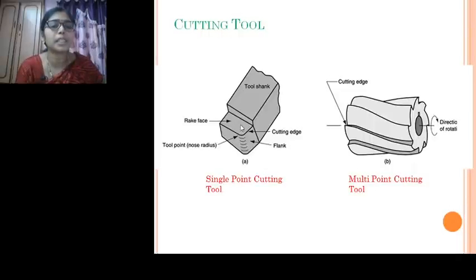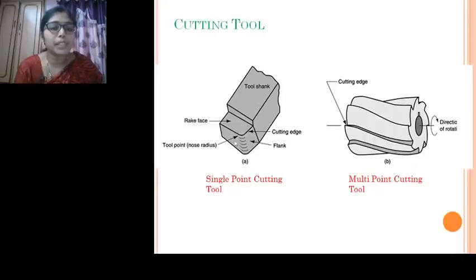There should be a support, since in conventional machining, as we have discussed, the forces developed are much higher. The tool should be able to withstand these forces during the machining process. To withstand these high forces, the tool shank acts like a support to the tool, the part which is actually participating in the cutting process.